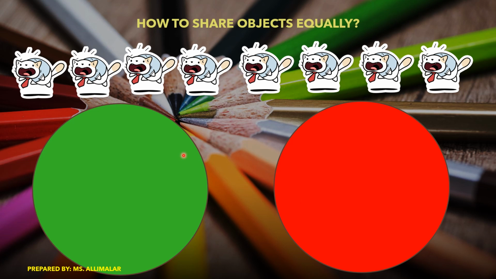Now let's see how to actually draw equal things. Guys, please watch this carefully. If you want to draw things equally, what will you do?